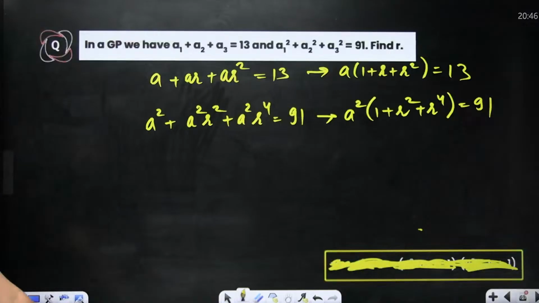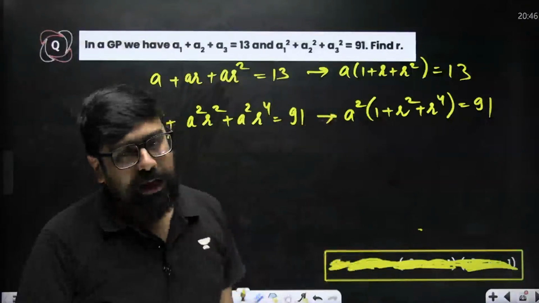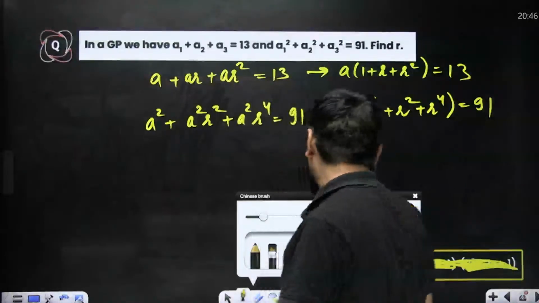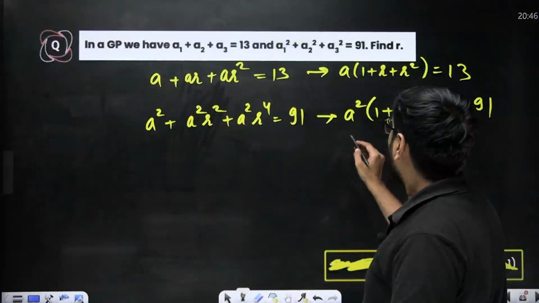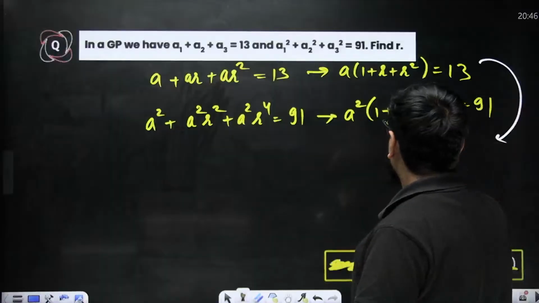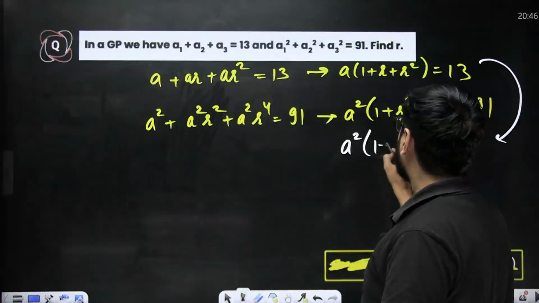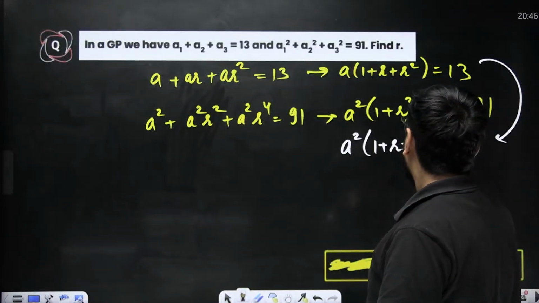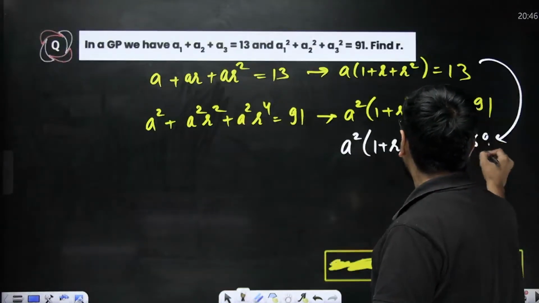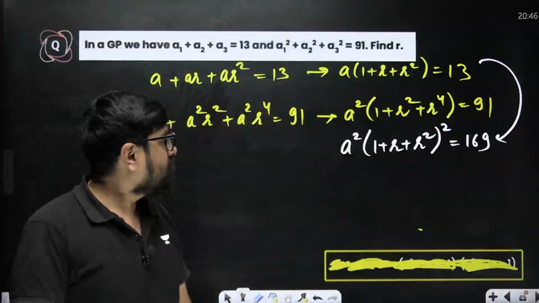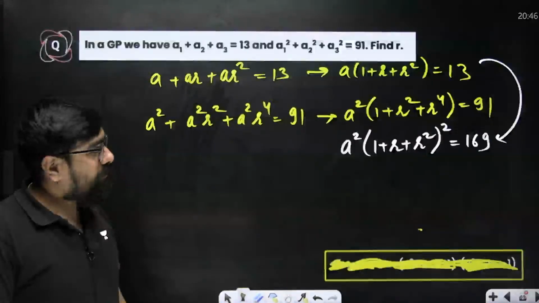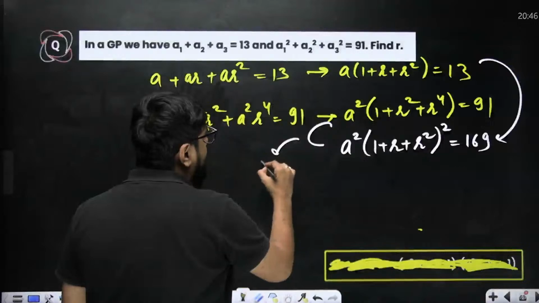Still no benefit. If I want to cancel A square, we can directly get rid of it. If we write it like this, A square multiplied with (1 plus R plus R square) whole square is equal to 169. I squared both sides, so I can cancel A square. Now these two I'll divide.